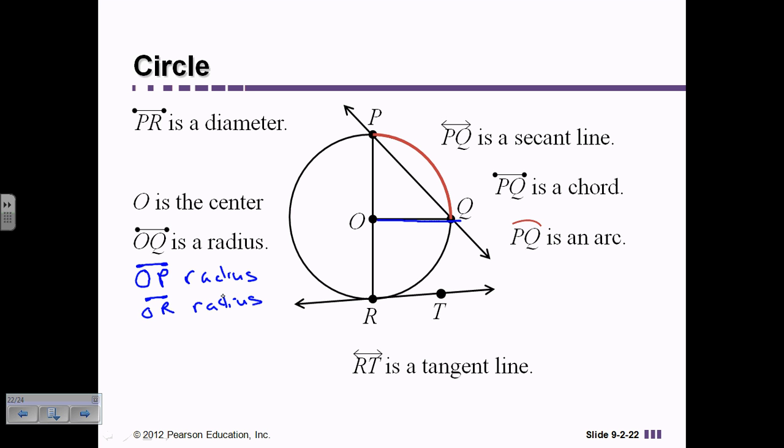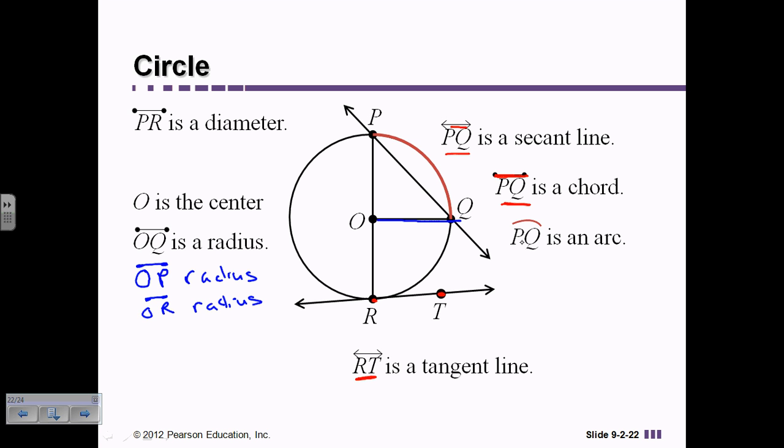PQ, if I notice the notation over here, PQ with the bar on top, the line segment, is a chord. PQ with the arrow symbol on top is a secant. RT, the line segment RT, is a tangent. Notice it's all outside the circle. T is outside the circle, and R is on the circle. So it's a line that touches the circle in one spot.